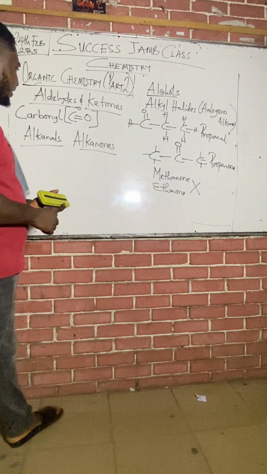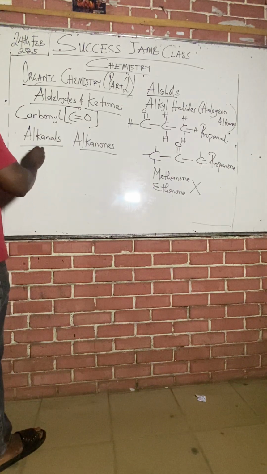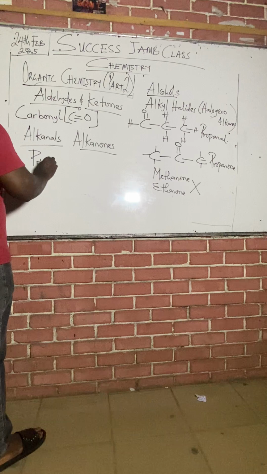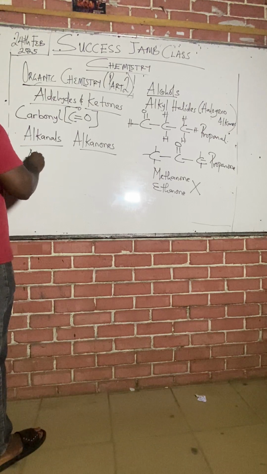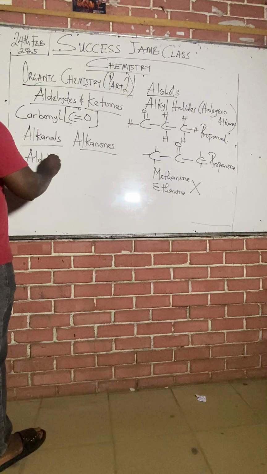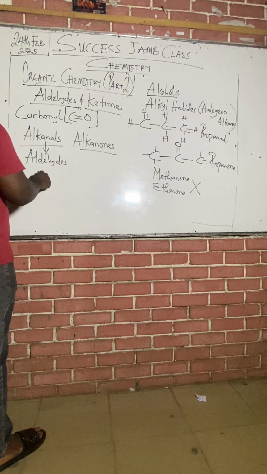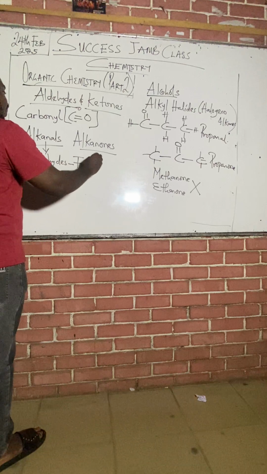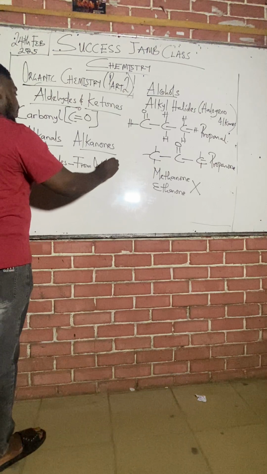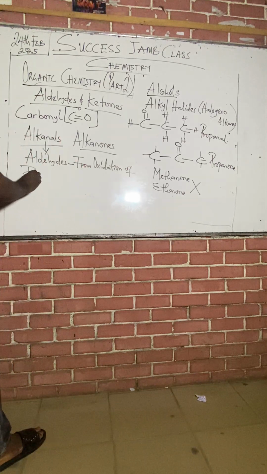Class, do you know one interesting thing? We did primary and secondary alcohols. Aldehydes, which are also called alkanals, are formed from oxidation of primary alcohols.